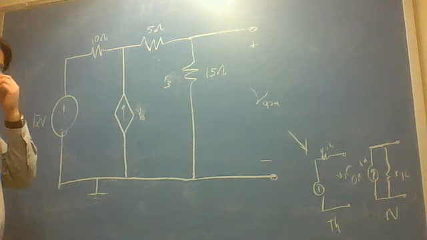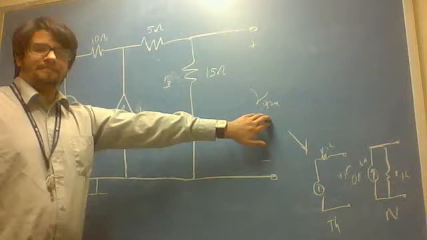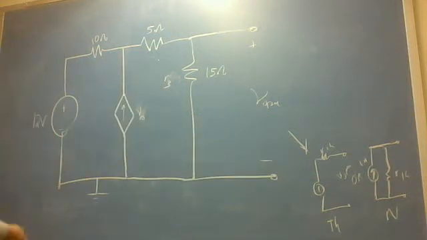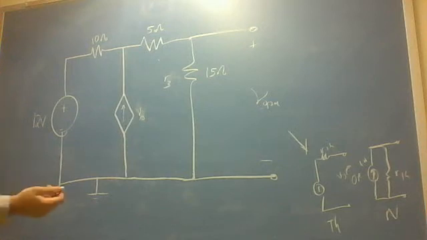So to find V open, we just have to do normal KVL, KCL. But remember, to implement those methods, we should first find polarities for each element.